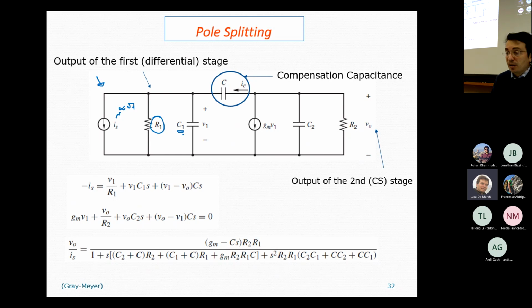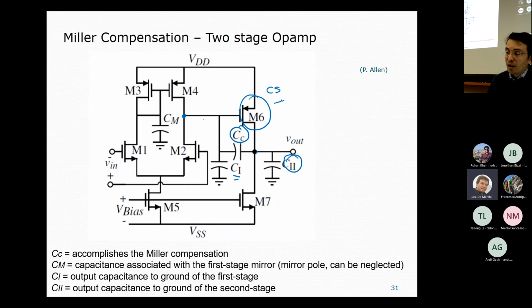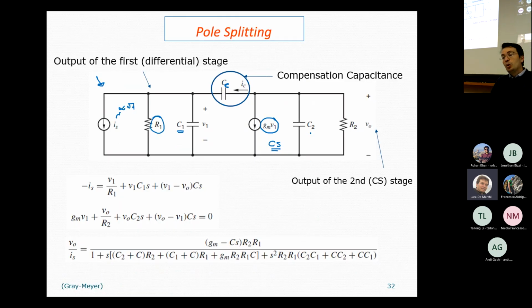Then we have the compensation capacitance, C or CC. Then we have the common source stage. The common source stage is mostly given by the transconductive effect associated to this guy, transistor M6. Then we have C2, and then we have R2, which is basically the output resistance.